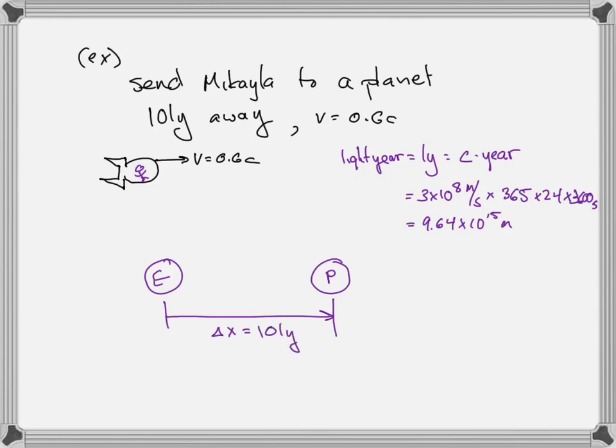So I haven't asked the question yet. The questions are going to be: A, according to us, how long does it take her to get there? B, according to Michaela, how long does it take?